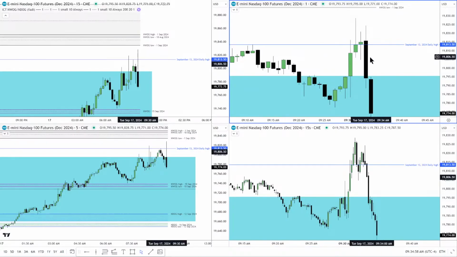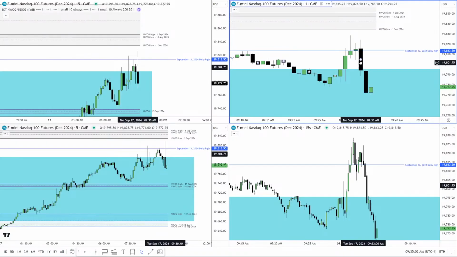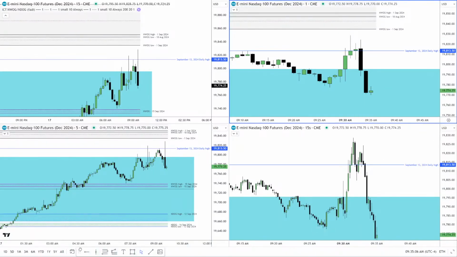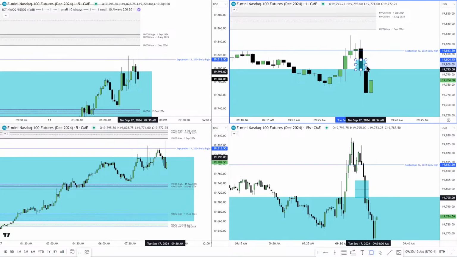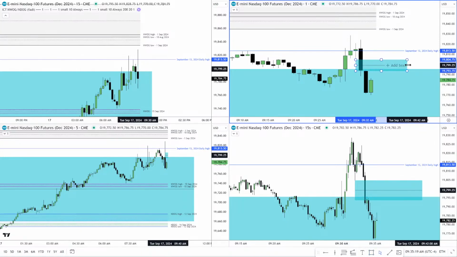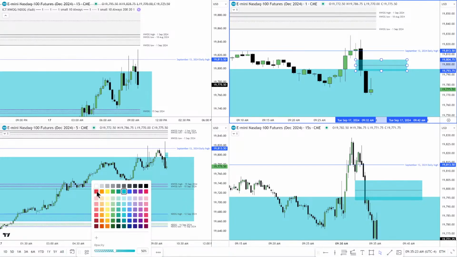So first presentation, fair value gap is here, right there. This is not where I want it. Hopefully, if all things are good this morning, I won't have a very long session, which is my intended goal.